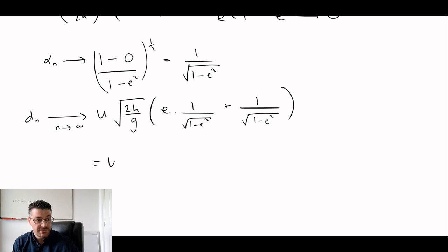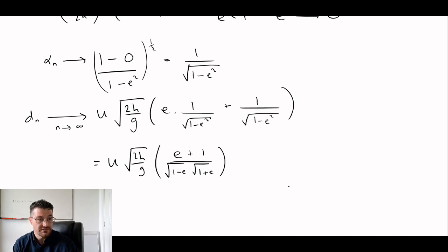So that's equal to u times the square root of 2h over g, (e plus 1) over the square root of 1 minus e squared. So that's going to be the square root of 1 minus e times the square root of 1 plus e. Have I missed off? No. Which is equal to u times the square root of 2h over g.